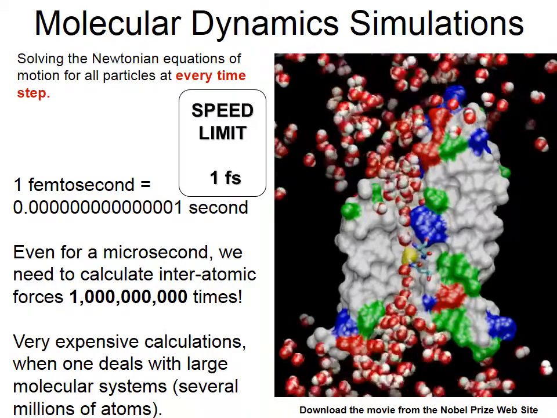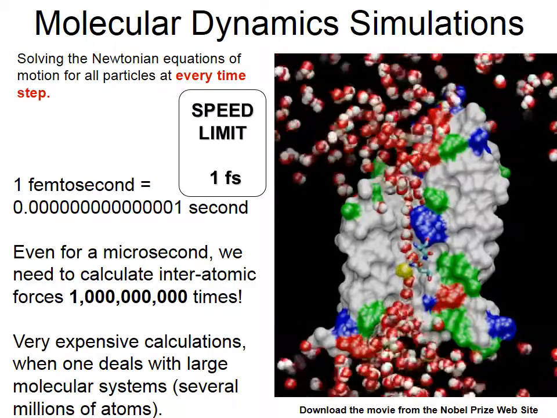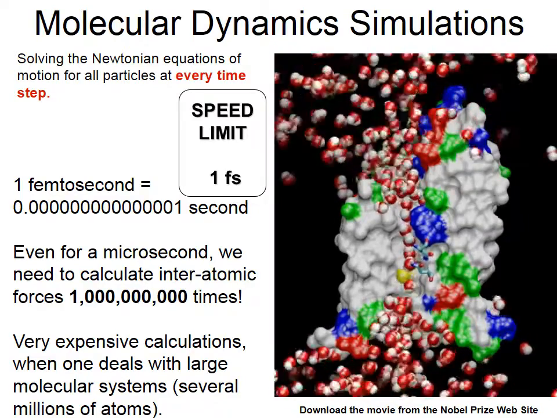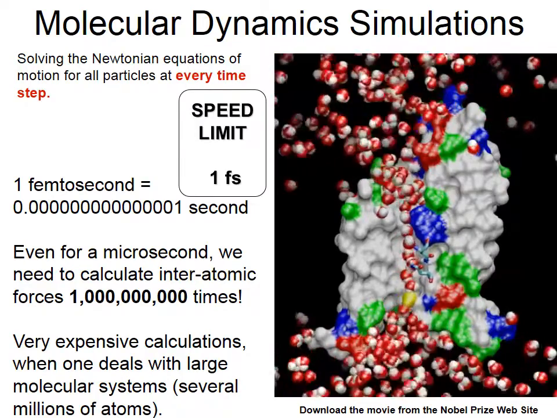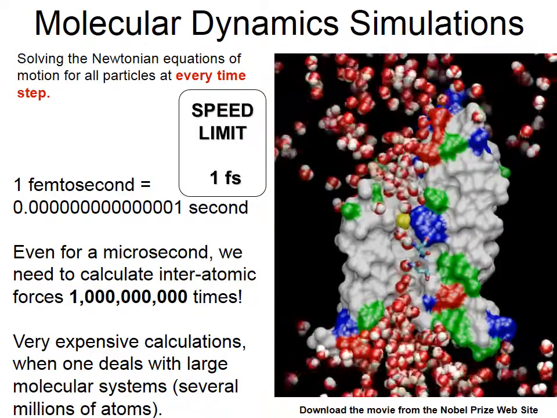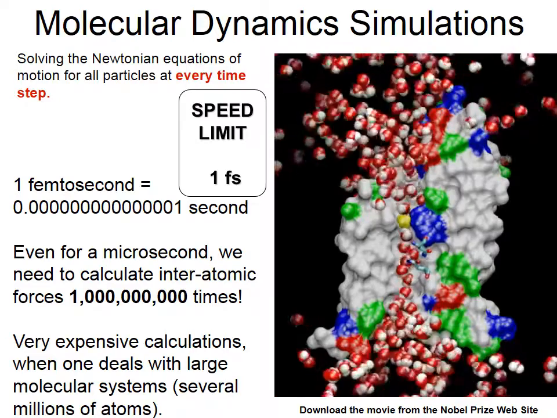And for these reasons, we are really limited in terms of the time scale. Even for a microsecond, that's 10 to the minus 6 seconds, which is nothing, we have to calculate all these forces a billion times. So these are very expensive calculations, but they give you the most detailed view of how things happen. And of course, for this, we rely on supercomputers.